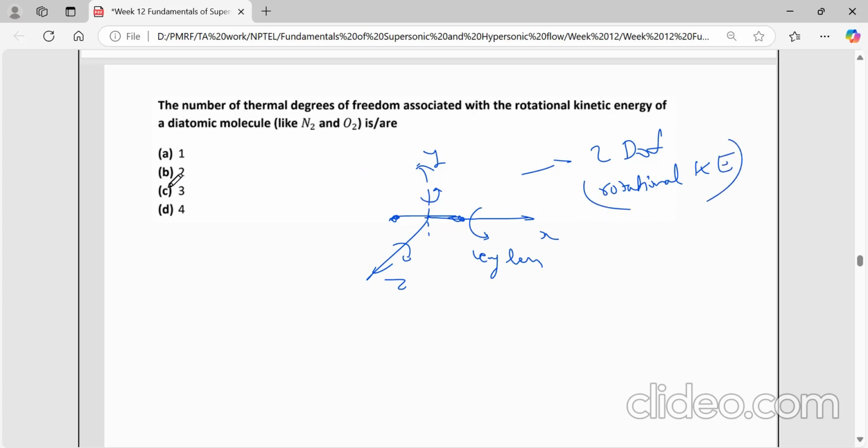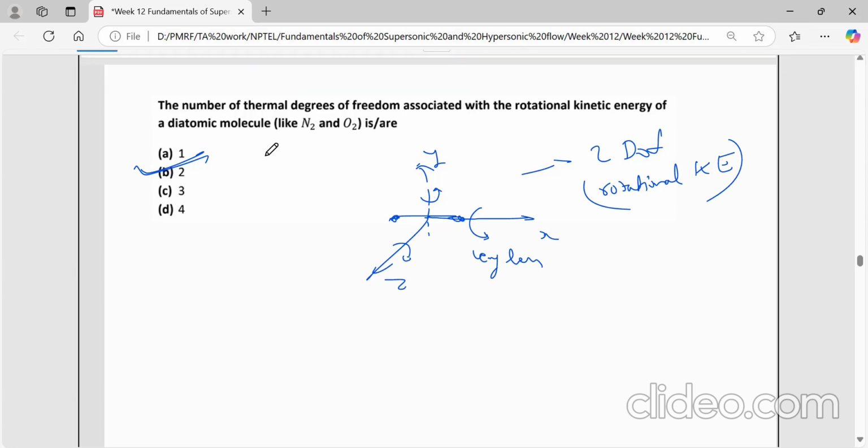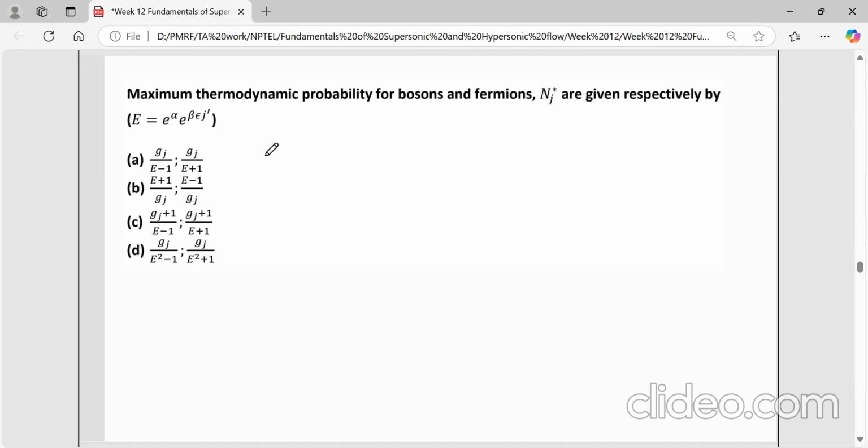So the answer for this problem will be option B, 2. Okay, let's see the next problem.